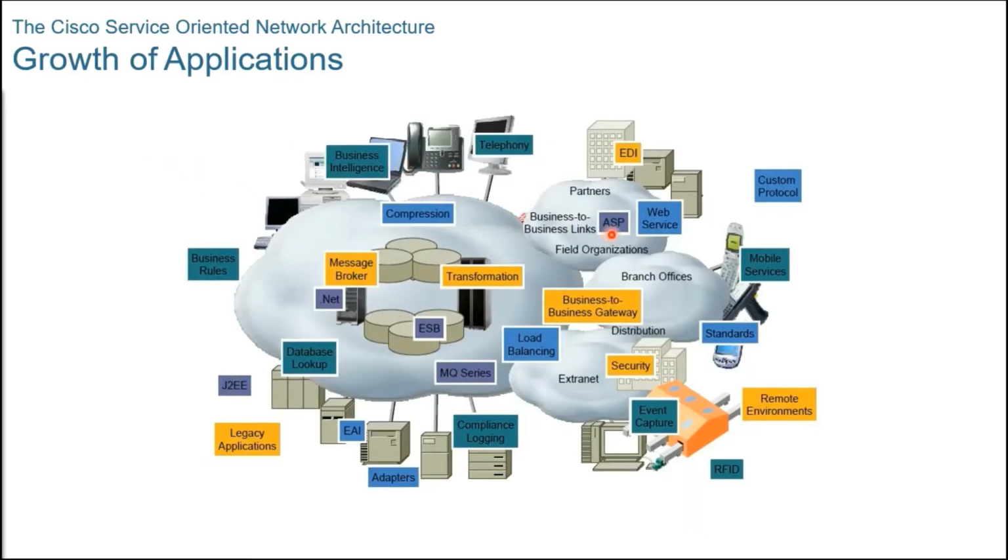Growth of applications. Business drivers for a new network architecture. New business requirements, which are basically the growth of applications and the evolution of IT, combine to drive the need for a new network architecture.